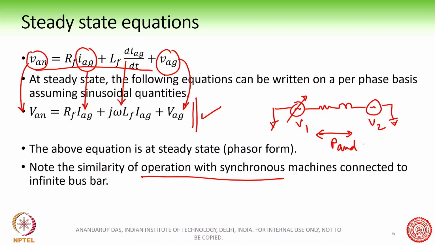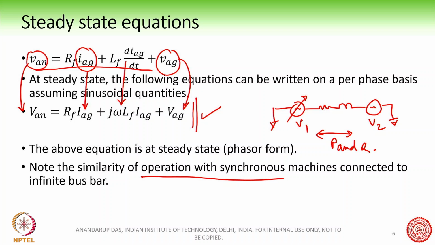You can also start thinking that we already know how a synchronous machine interacts with the infinite bus bar. This E can lead or lag the infinite bus bar voltage, the grid voltage.